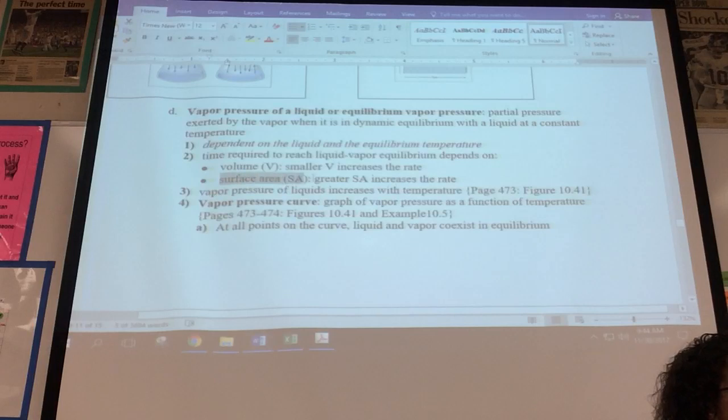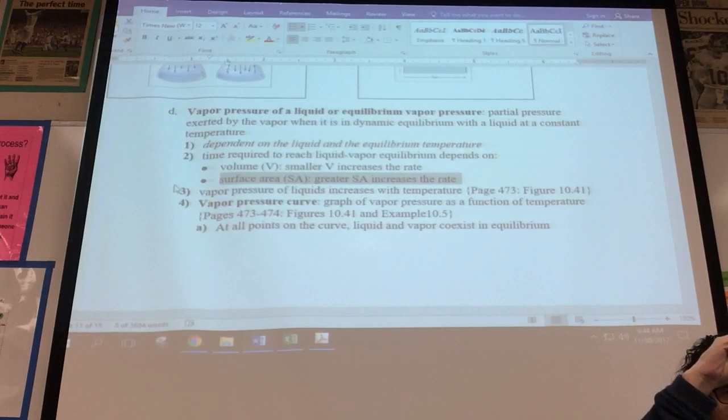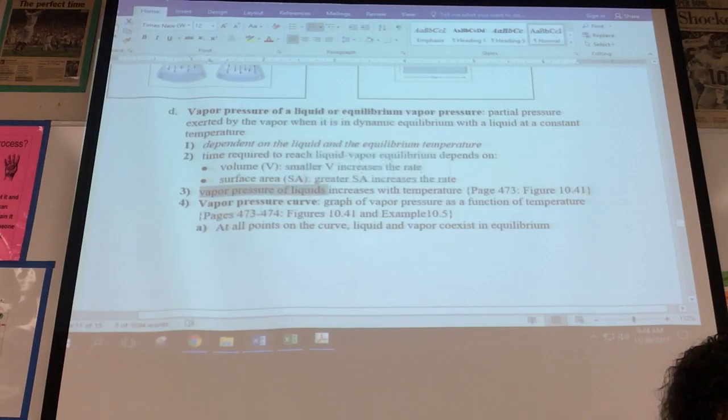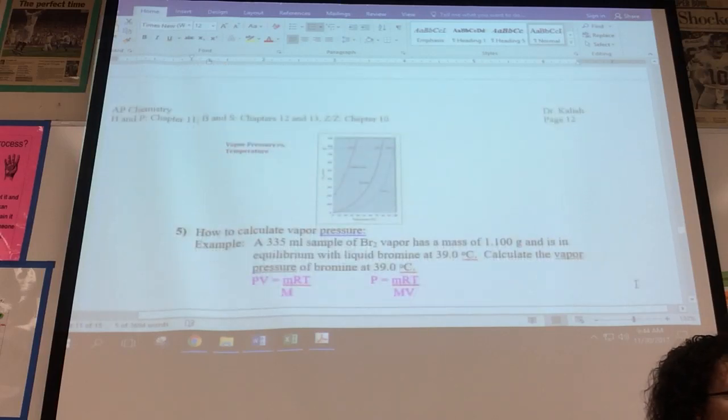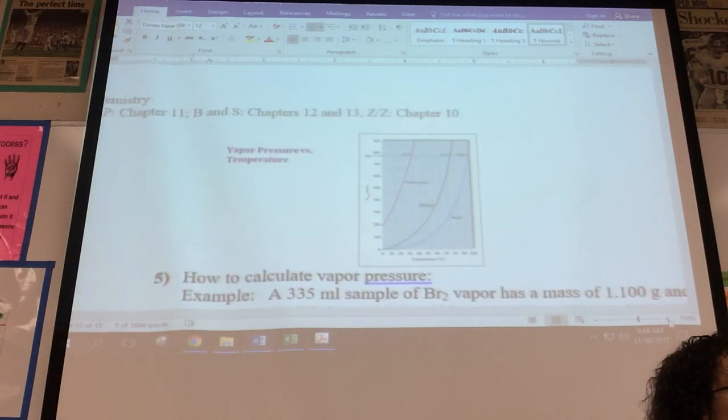A greater surface area also results in an increased rate at which equilibrium is attained, because you'll have more positions where the particles can leave the liquid state for the gaseous state. As you increase temperature, the vapor pressure of liquids will increase, and you can plot this with a vapor pressure curve, which is what we're going to look at in this schematic.